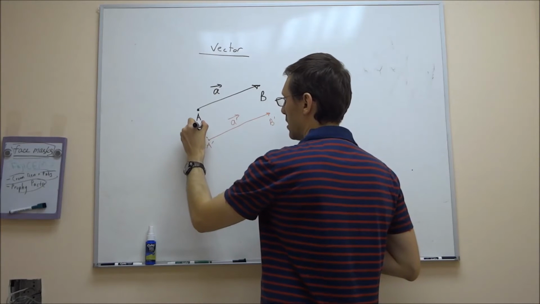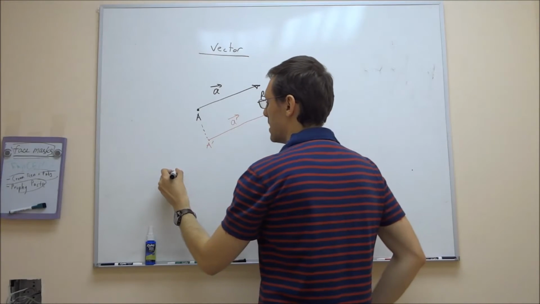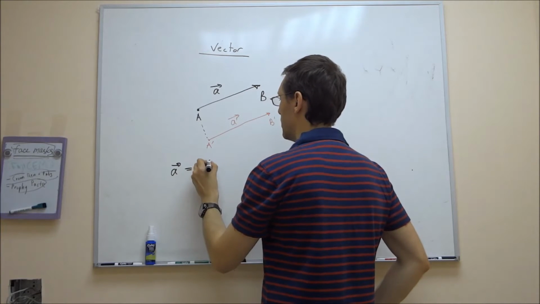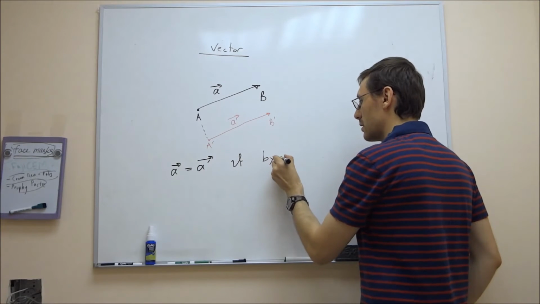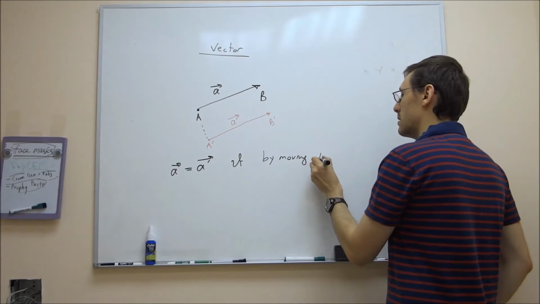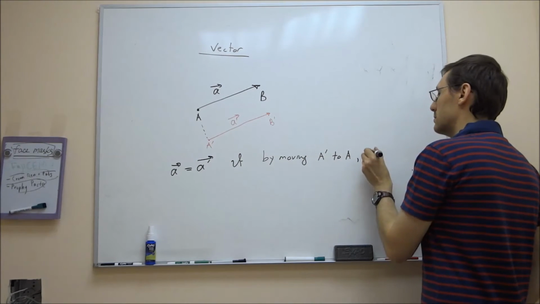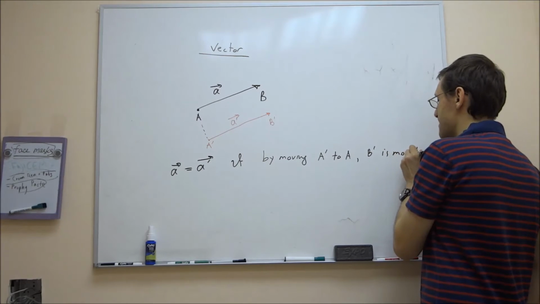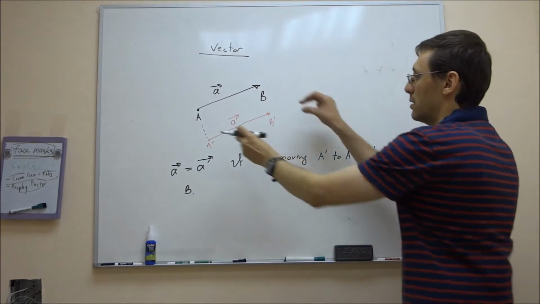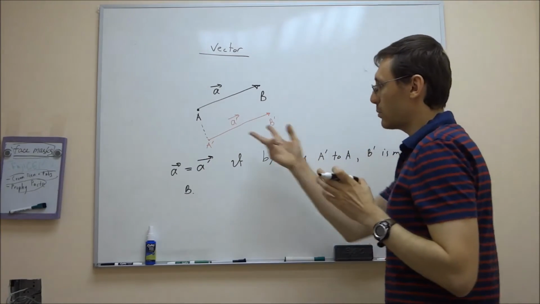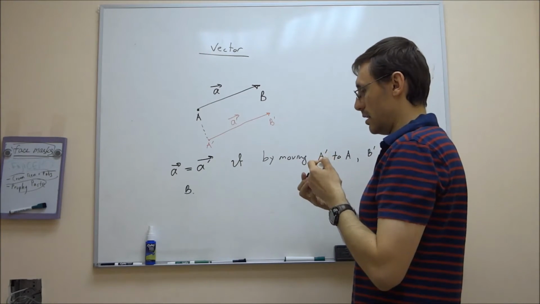If A prime is carried to A, then B prime is carried to B. So you can say that the vectors are equal if by moving A prime to A, B prime is moved to B. Of course, by moving I mean you do not rotate it, you do not change its direction.